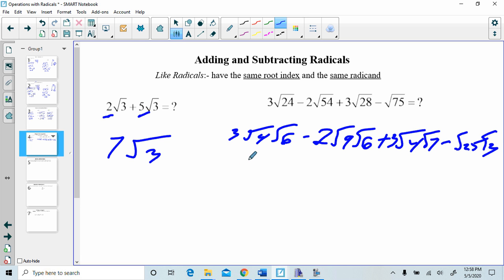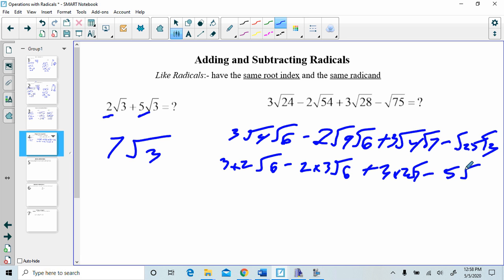Let's just go through and simplify some of this. Okay, so we had technically a 3 times root 4, which is 2, all that root 6, minus 2 times root 9, which is 3, times root 6, plus 3 times root 4, which is 2, root 7, minus square root of 25, 5, root 3.